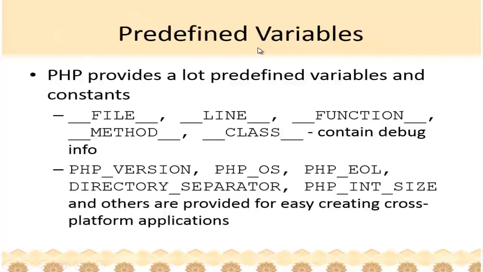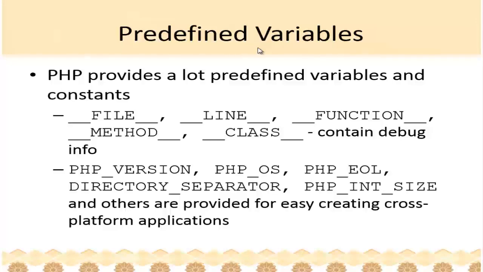The next one is the predefined variable. Whenever we think of using PHP, there are many variables which are very helpful for us in our programming. First of all, when we try to run a PHP code, if you want to know which operating system this is running on, so suppose if it is Windows, you want to run a separate module, or if it's Unix, you want to run something else and so on.